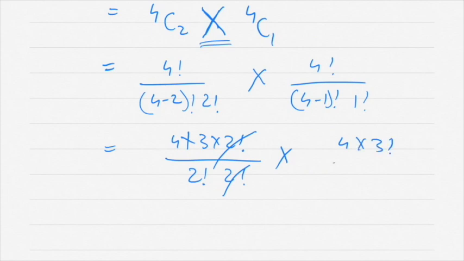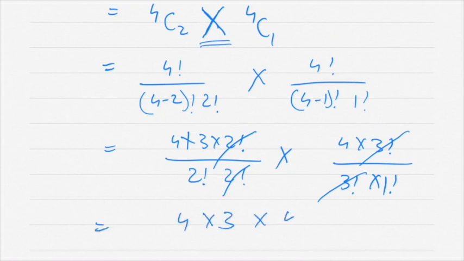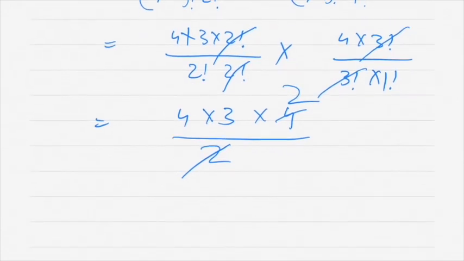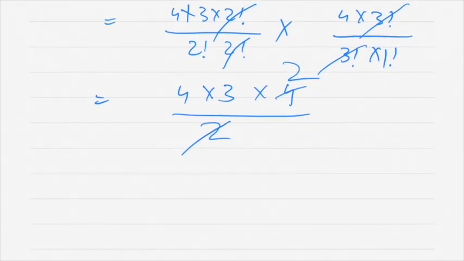Multiplied by 4 into 3 factorial. 4 minus 1 is 3 factorial multiplied by 1 factorial. 1 factorial is 1, so that's okay if you don't write. So 3 factorial you can delete here. 2 factorial means 2 only. So 4 into 3 into 4 divided by 2. 2 factorial is 2.